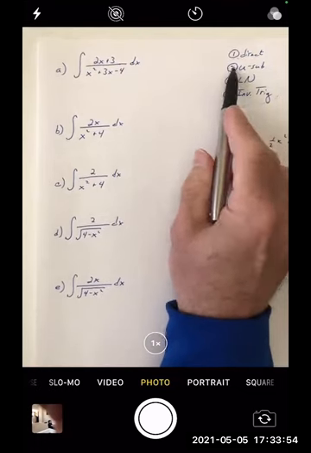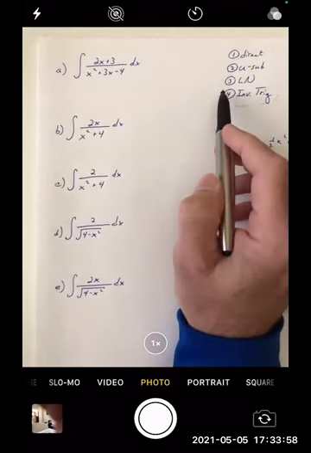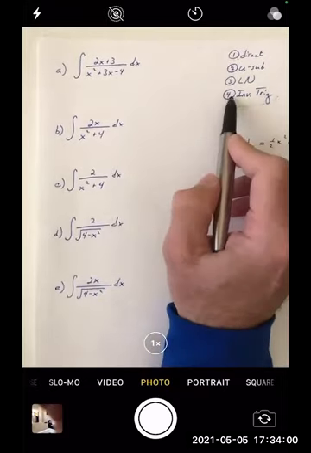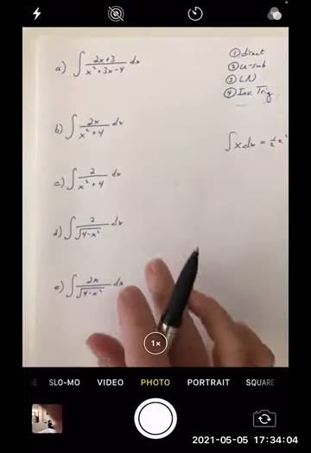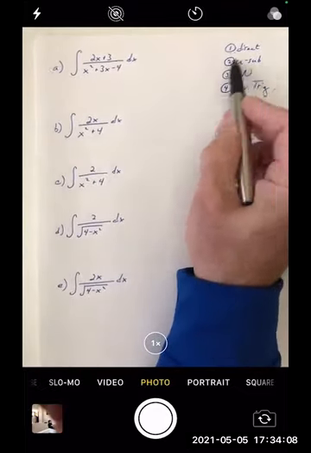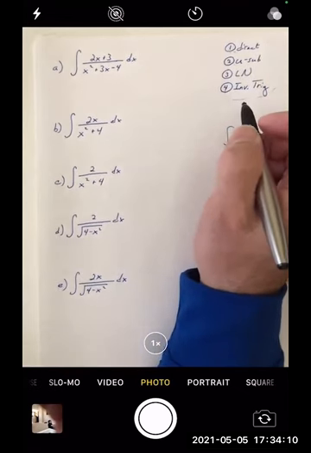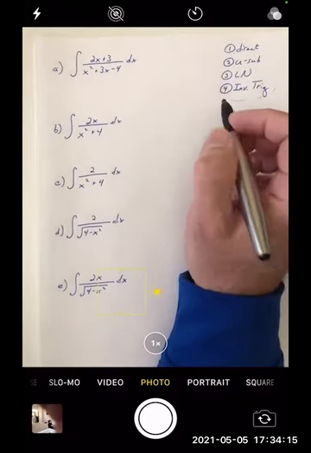You're going to be using one of these 3 techniques to get an answer. And for some of them, you might end up using 2. It just depends on what's in there and what you like to use and what you see, because some people like to use a U sub with an ln, some don't. Just depends on the individual student.